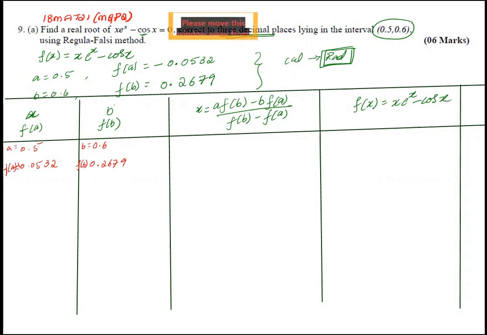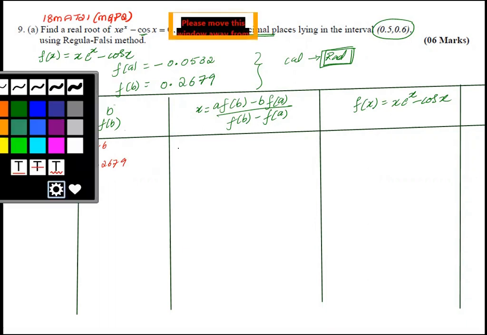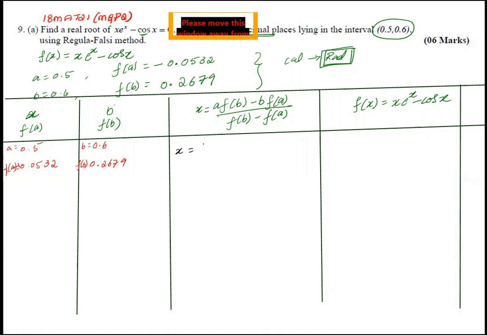Now calculate x, that is a into f of b, that is 0.2679, minus b value, that is 0.6, into f of a, that is negative 0.0532 we got, divided by f of b minus f of a. Use the calculator.